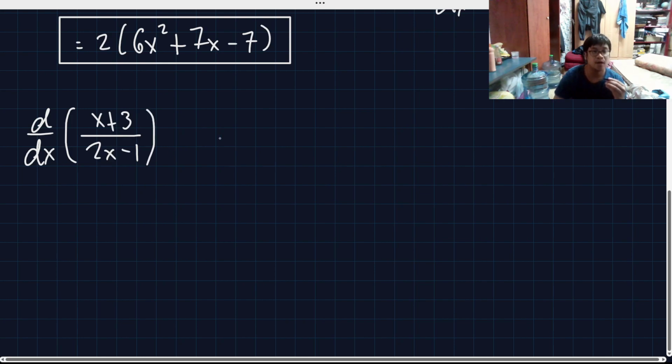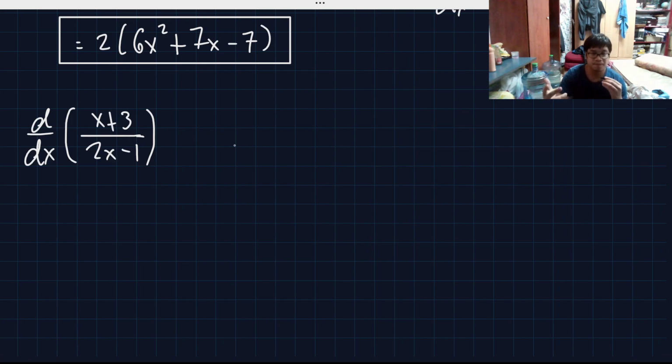Now you see, if we have a given fraction and above there's a given function and below there's also a given function, we're going to use the quotient rule of differentiation. Actually, you can use the product rule of differentiation, but that would be a hassle, right?